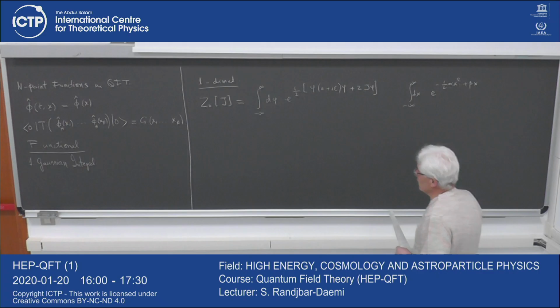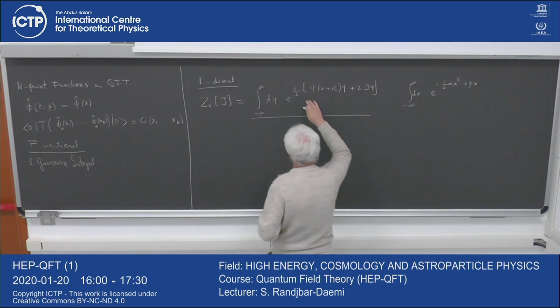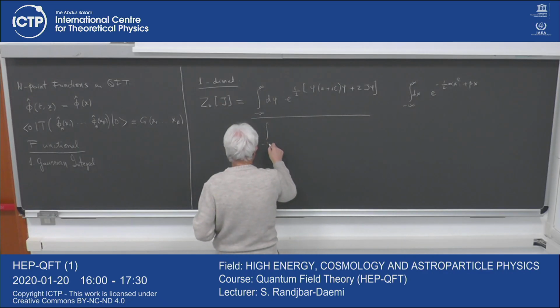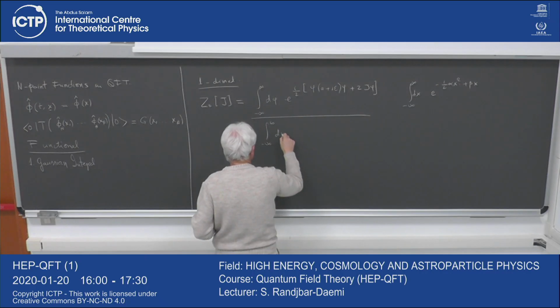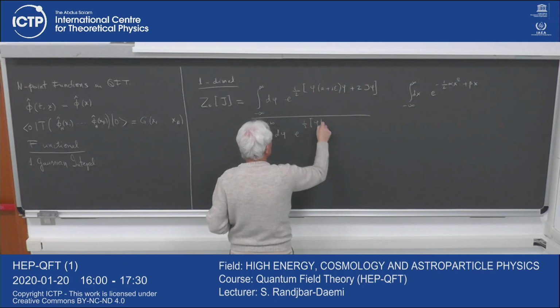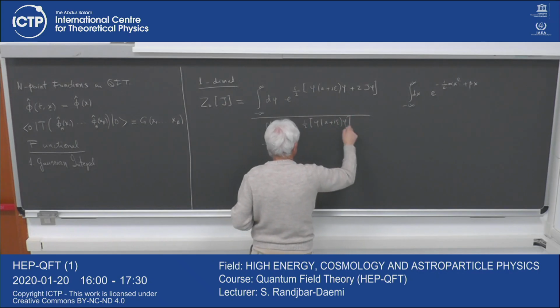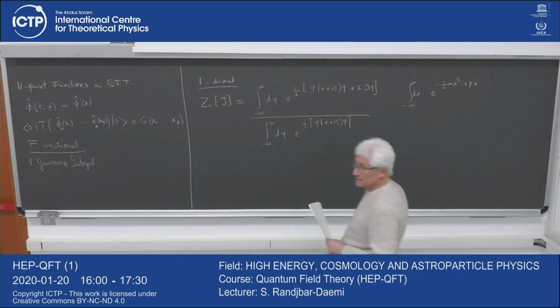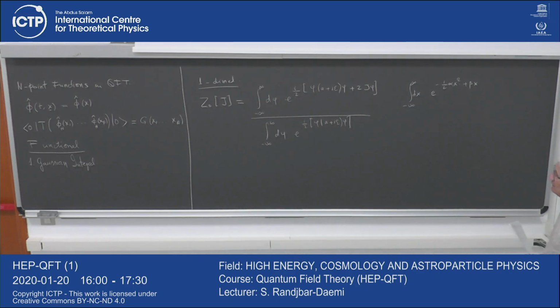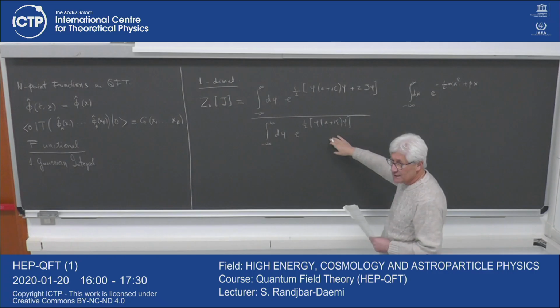And we are going to normalize it in some way. That means we are going to consider this integral divided by the same integral in which we have set j equal to 0. This is the reason we do not need to actually evaluate any integral in practice. You will see that we can extract the j dependence without doing any integration.